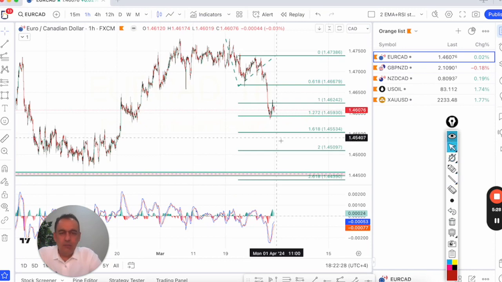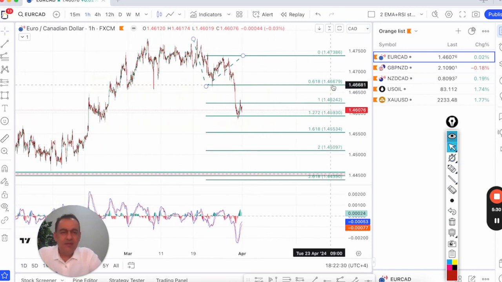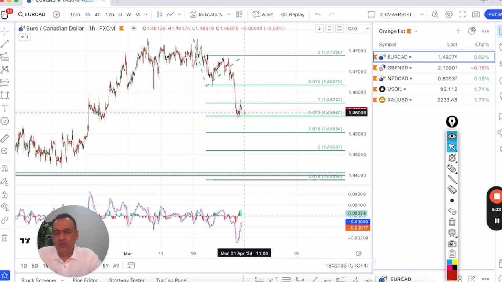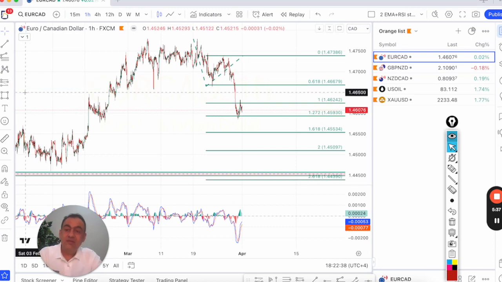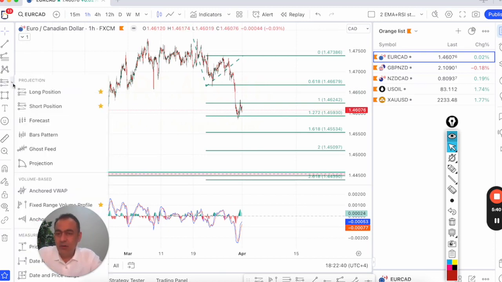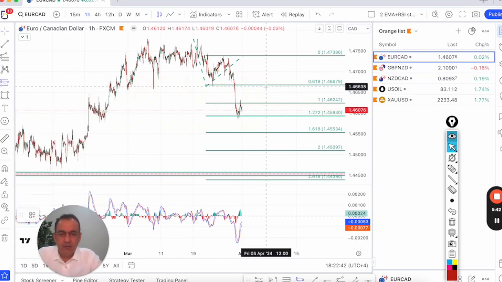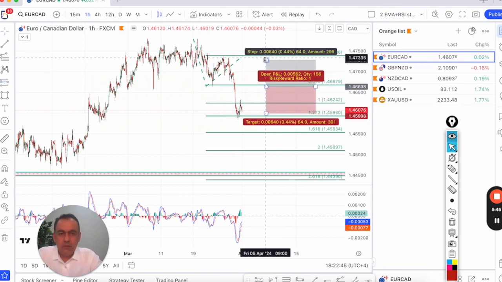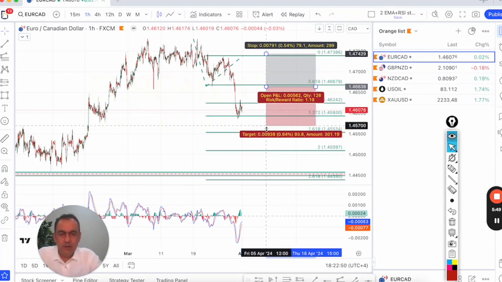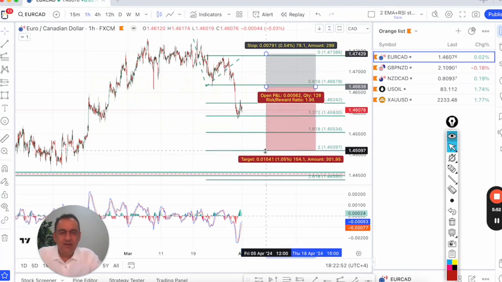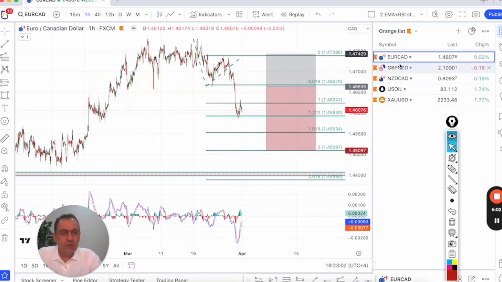So if you get a pullback towards this area, that is 1.4667, which is also the 1.618, which is also the 61.8 fib extension level, then I'll be entering into my short trade somewhere here with stop loss above the first lower high, and the downside target will be at least 200%, so 1.4500. We'll be easily making 1 to 2 risk and reward. So this is the plan for EURCAD for the upcoming week.